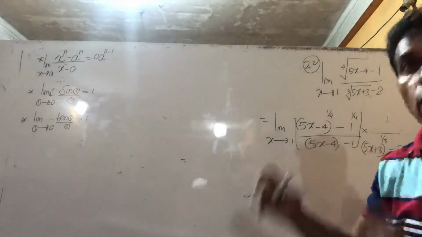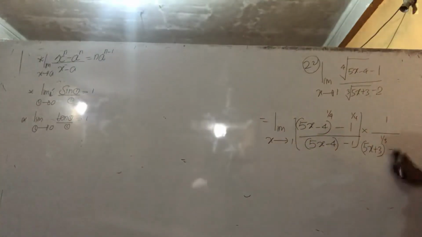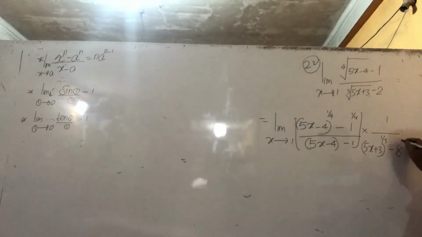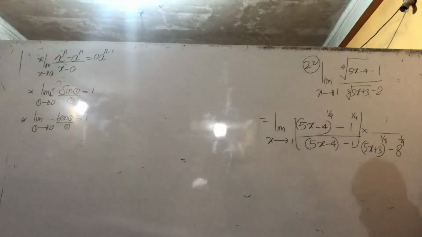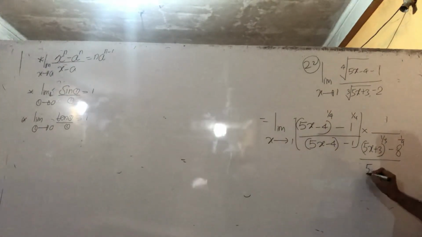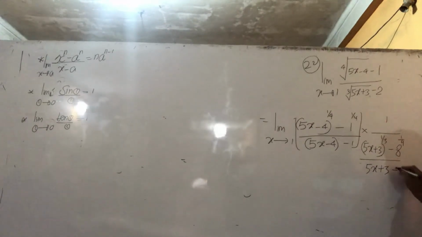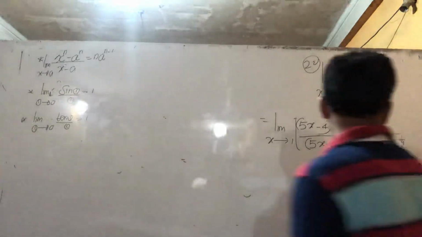We need a number whose power 1/3 gives it: the cube root of 8. So write 8 to the power 1/3. Therefore below, without the power, it is 5x plus 3 minus 8. Check that.